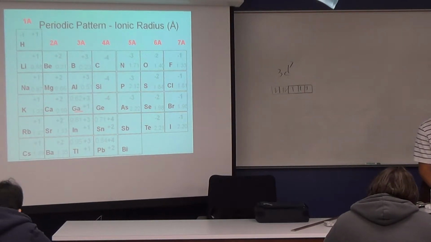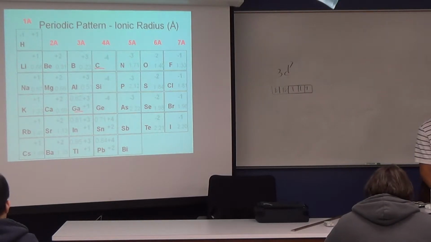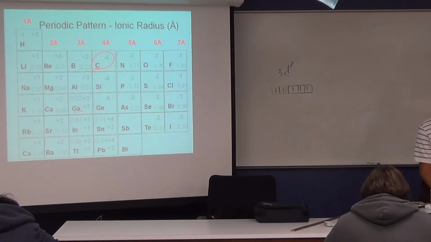We can start with, for example, carbon. Carbon 4 negative, tell me how many electrons are in carbon 4 negative. This is the total. If you don't go through the middle of the transition metals, you don't have to worry about that, just see the total.